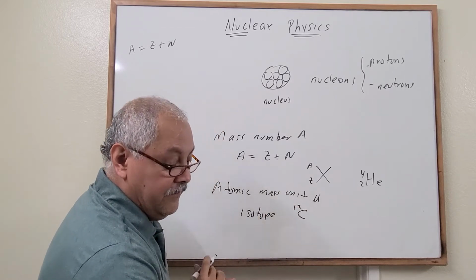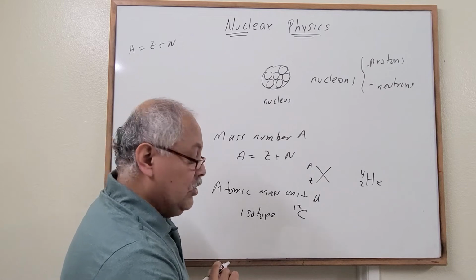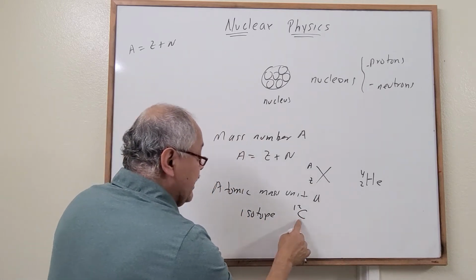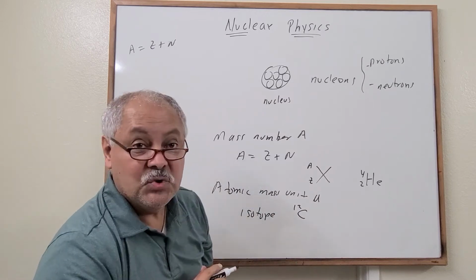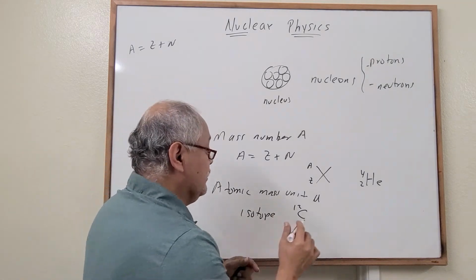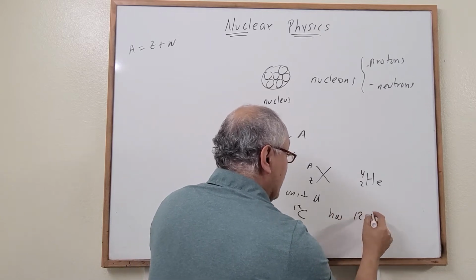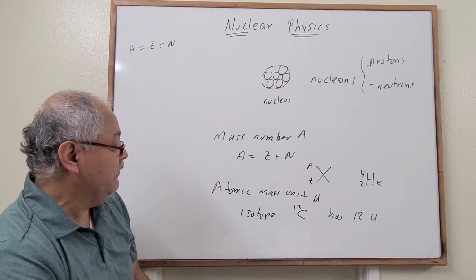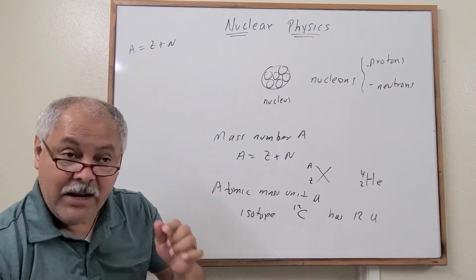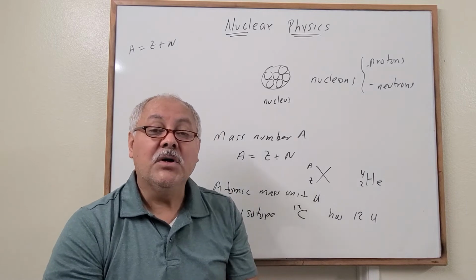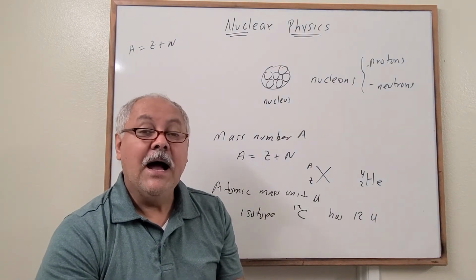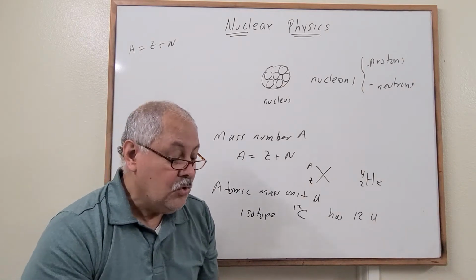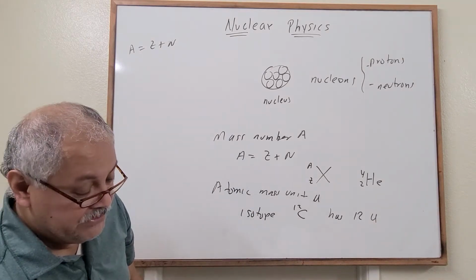Carbon-12, that's going to be the unit. In this case, this isotope has exactly 12 atomic mass units. Correct? Perfect. An isotope is a nucleus or atom with the same number of protons but a different number of neutrons. Great.